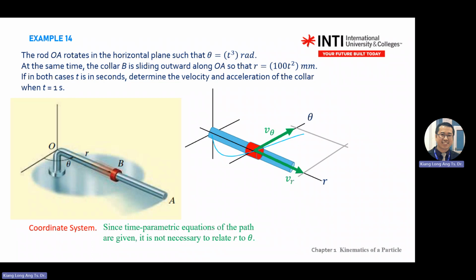Then complete the vector by the parallelogram law, so you know this is the resultant velocity. This one you can find, right? There's an equation for vr and an equation for v theta.